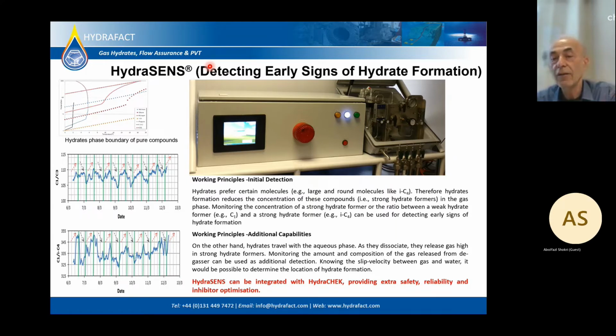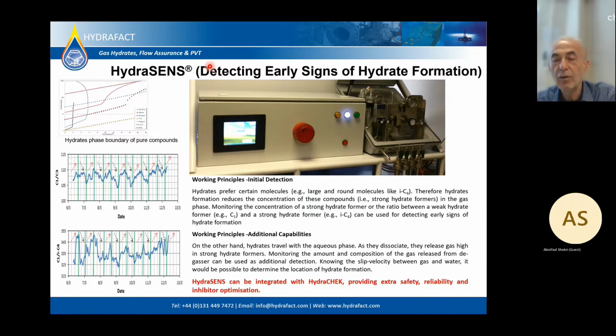We can also use this device. For example, we have a blockage. We don't know what the blockage is. And we have used this device for a blockage in the Middle East. And then from depressurization, we can say if the gas is coming from hydrate or not hydrate.